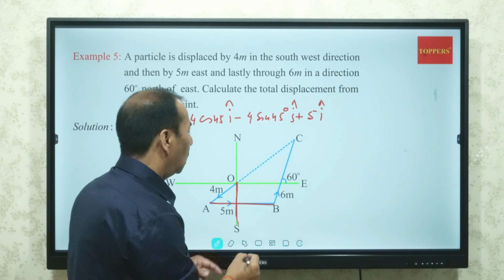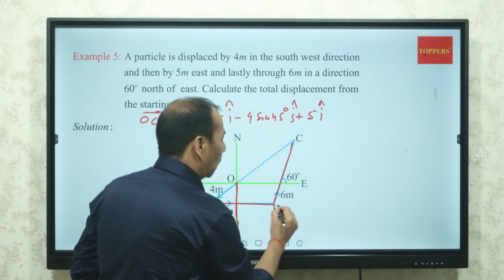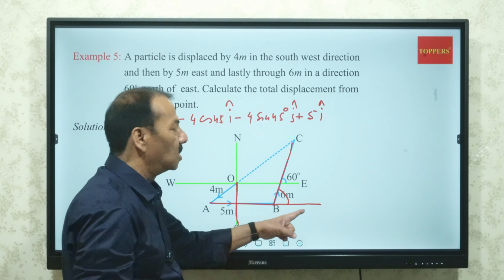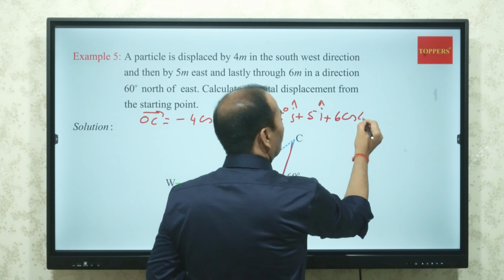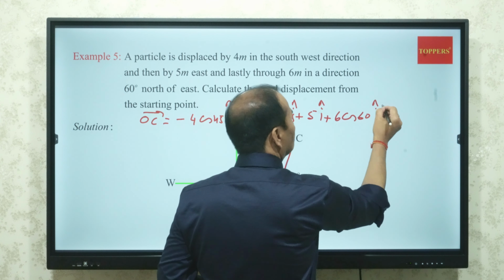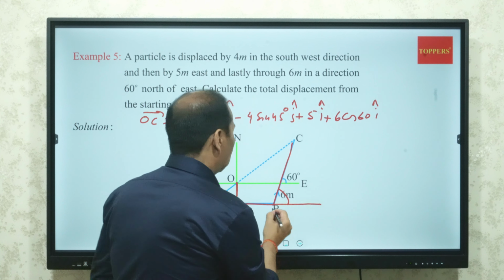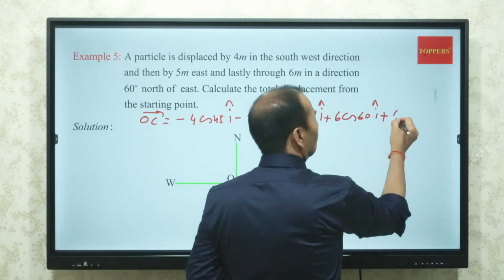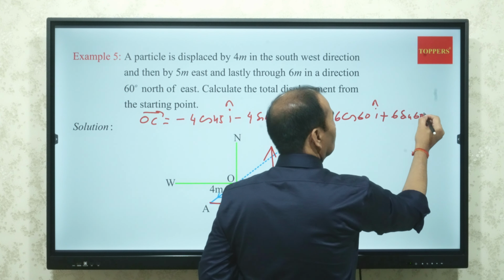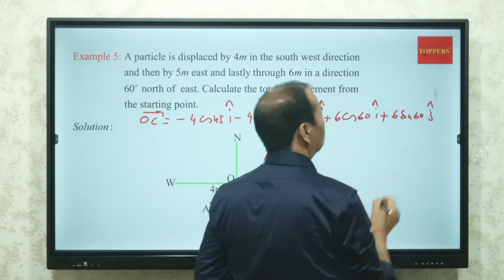Okay. Next it is 6 meter. This component was how much? 6 cos 60 towards the positive x-axis, so plus 6 cos 60 i. 6 sin 60 j along this direction, so plus 6 sin 60 j.